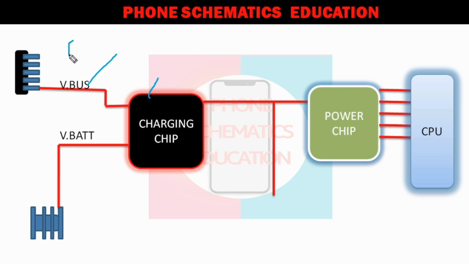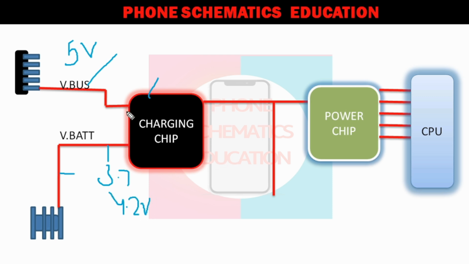In this line, we get 5 volts, right? Also, when you connect the battery, or in the latest phones where the battery is already connected, or when you remove the charger, battery voltage goes to the DC to DC. In this line, you get 3.7 to 4.2 volts, the battery voltage. Clear?